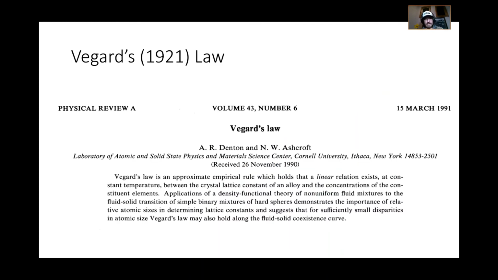We'll give a quick example here on Vegard's law, 1921, Vegard. And you can probably read this. This came out of an article that was published in 1991. Seems like yesterday for me.